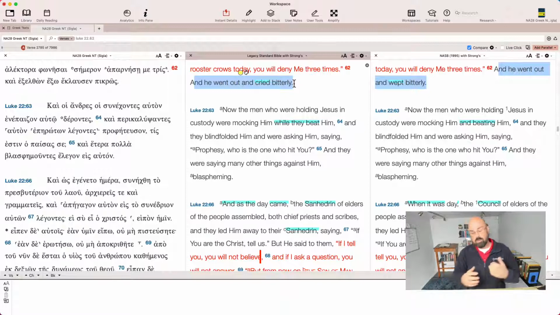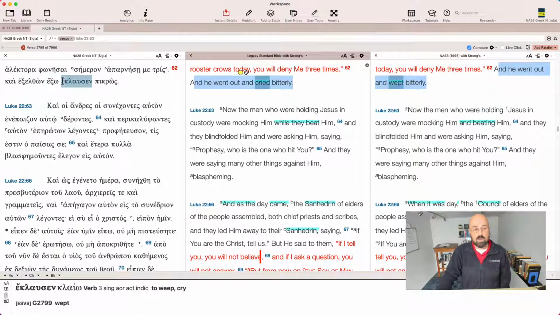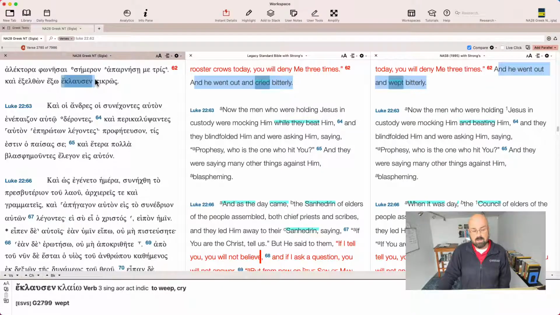Now, whether you think of these things as the same, or whether you would regard weeping as a quieter form of crying, those kinds of distinctions are English distinctions in a lot of ways. The Greek word is the same regardless. If we look at this as to weep or to cry as the gloss we get at the bottom there, this is really just a change in English.